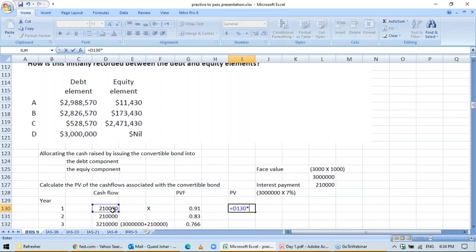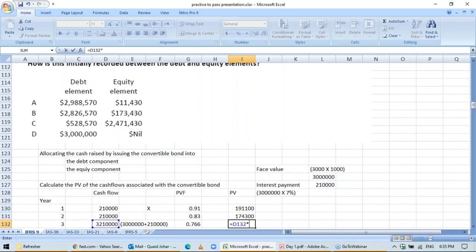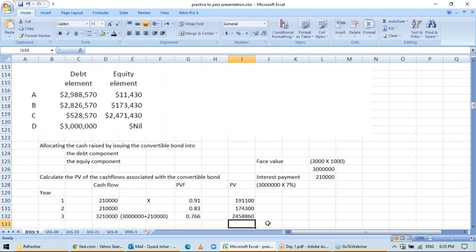210,000 multiplied by 0.91. Then 210,000 in the year 2 multiplied by the second year's present value fraction, and the third year 3.21 million multiplied by 0.766. So this gives you this amount.